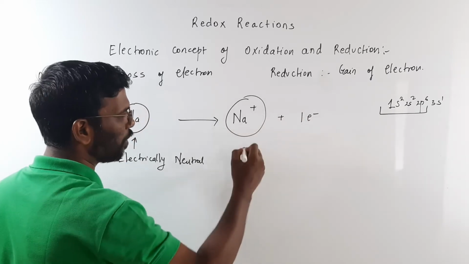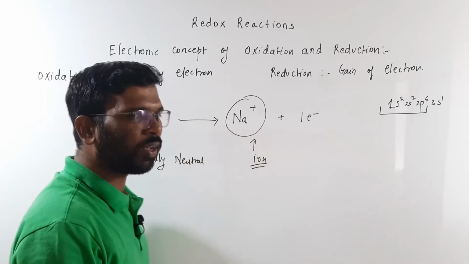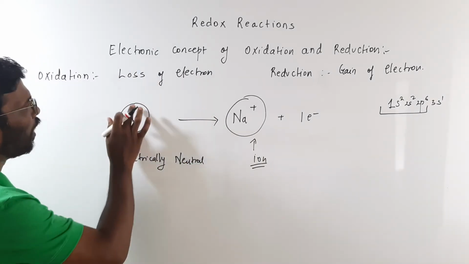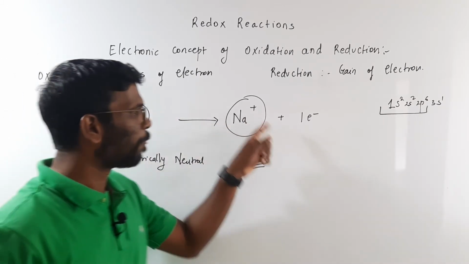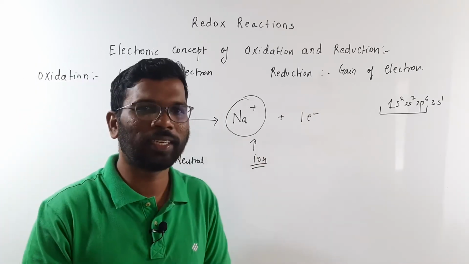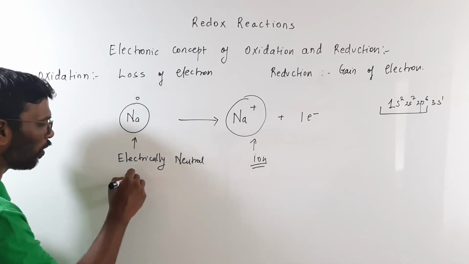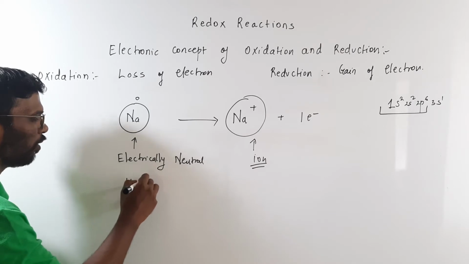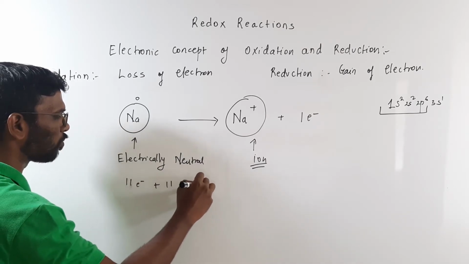So what happens is that it can lose its electron to form an Na+ ion plus that one electron, which I am writing separately. I am calling this an ion because it has a charge, isn't it? So here sodium was 0, it had a 0 charge. There is an increase in the charge to +1. Why is there an increase in charge? It's very simple. Earlier there were 11 electrons and 11 protons.